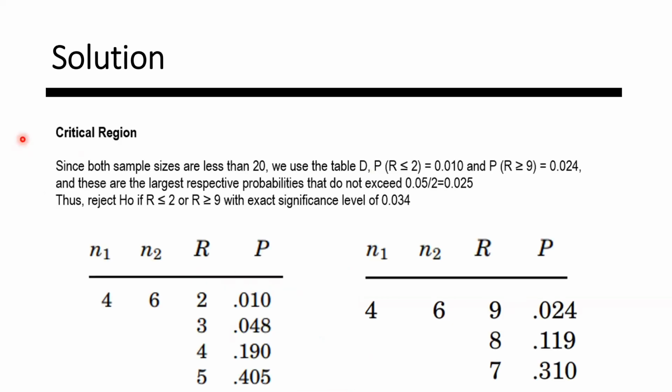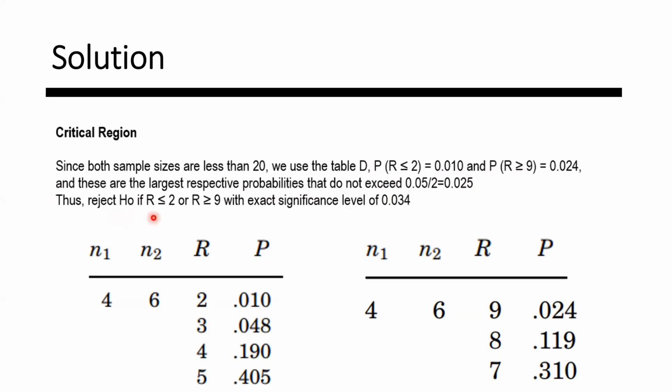On the critical region, since both the sample sizes, N1 and N2, are less than 20, we use table D and we get that the probability of R less than or equal to 2 is equal to 0.010, and the probability that R is greater than or equal to 9 is equal to 0.024, and these are the largest respective probabilities that do not exceed 0.05 divided by 2, which is equal to 0.025.